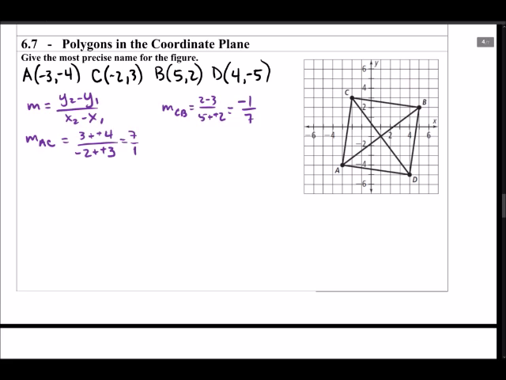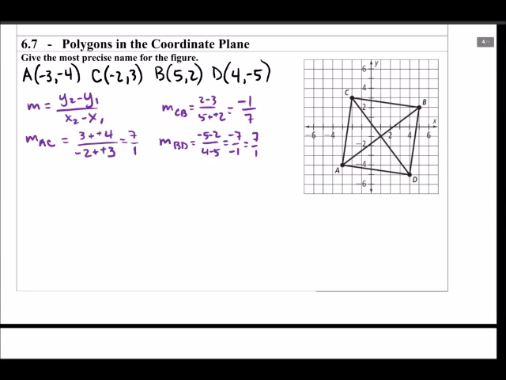Ooh, I'm seeing some good stuff happening here. And let's do BD. Just do the next one. BD is negative 5 minus 2 over 4 minus 5. That's a negative 7 over negative 1 is a positive 7 over 1.